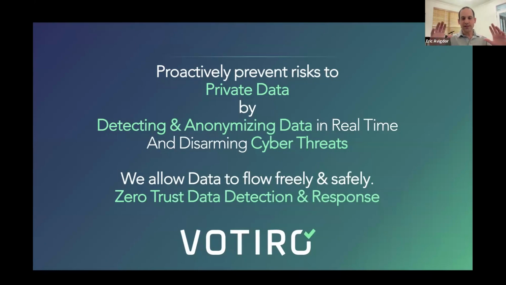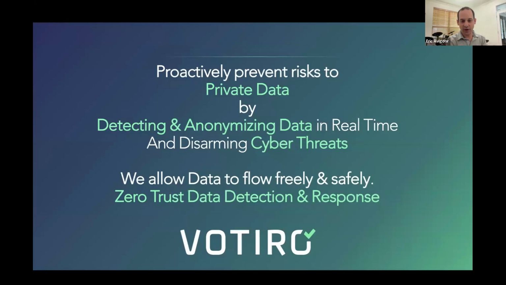Safe from the two sides of the data risk, the two sides of the coin of data risks. The first one is private data exists within content. We do not want the wrong individuals to be exposed to it. The second side of that risk is that files, unstructured data, can carry with them the risk of ransomware and malware.